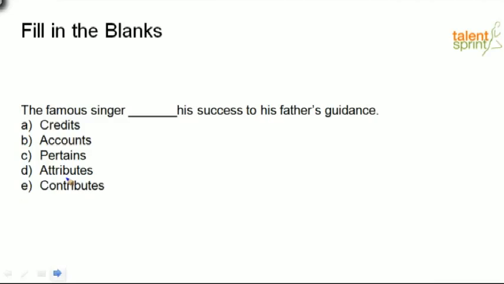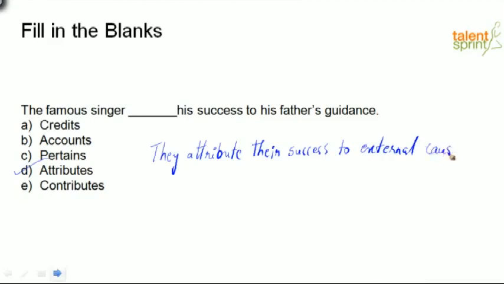Okay, so the right response here is attributes. The famous singer attributes his success to his father's guidance, right? Other examples I said: they attribute their success to external causes such as luck.